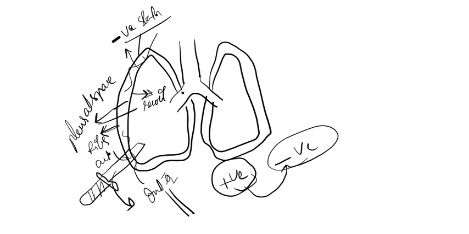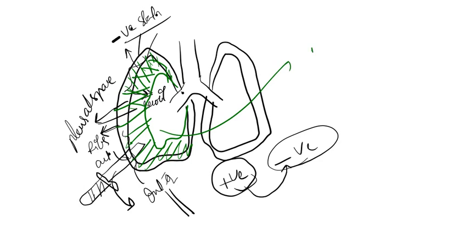If this pleural space keeps filling with air, the air slowly compresses the lung to a final stage, that means this whole area is filled with air. That leads to compression of the lungs, otherwise called lung collapse or atelectasis.